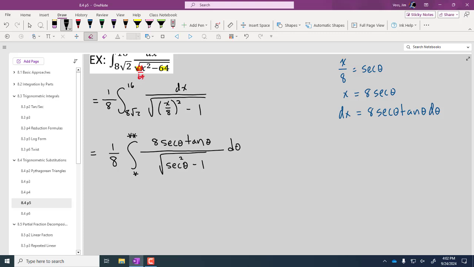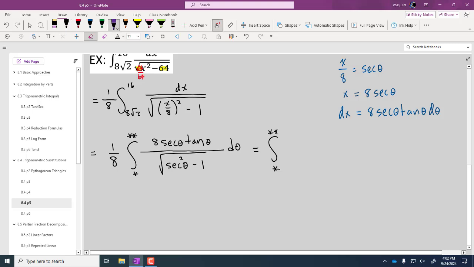And then the square root of tangent squared. They're just going to cancel. As you start to see these more and more, you could just come right here and say, that whole denominator is going to cancel with that piece of the numerator. And the 8's are canceling, for sure. So the 8's cancel.